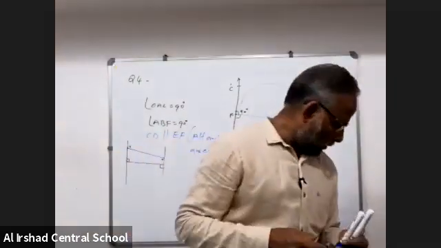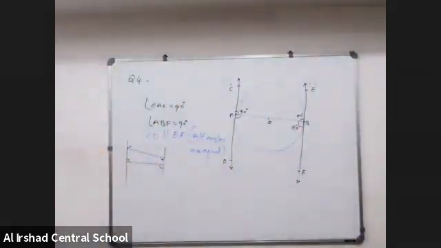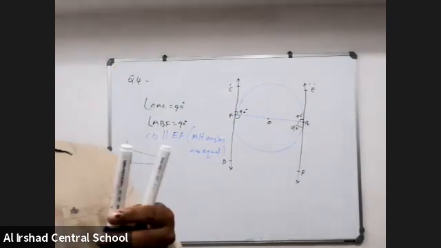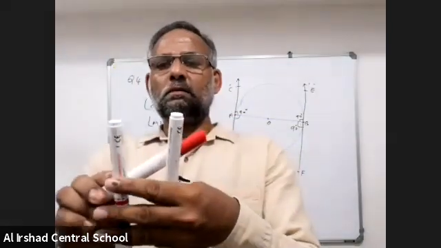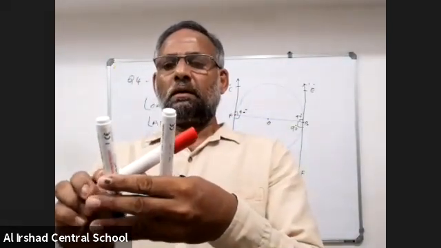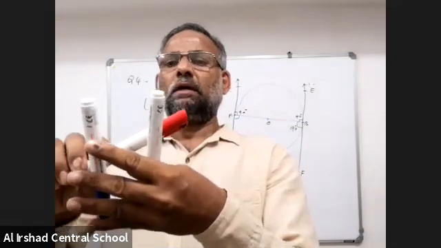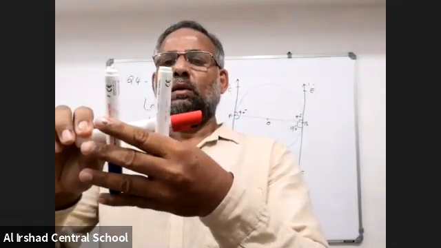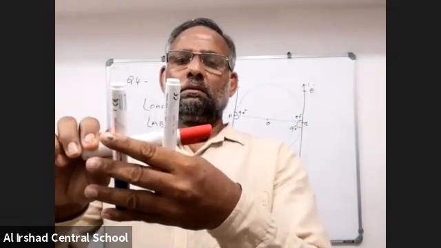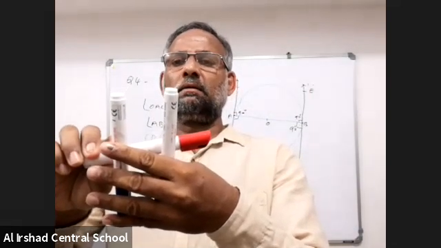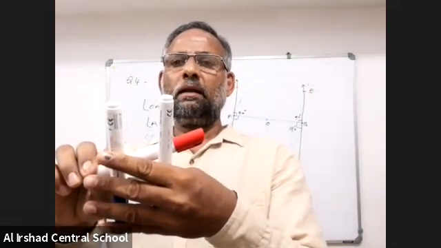okay, one more line I need. Okay, red color is here. Two lines, and this is a transversal. But alternate angles are equal. Then the two markers are parallel.